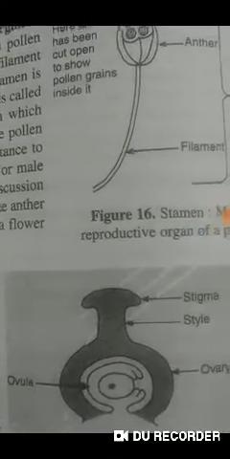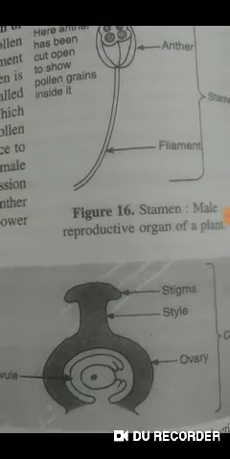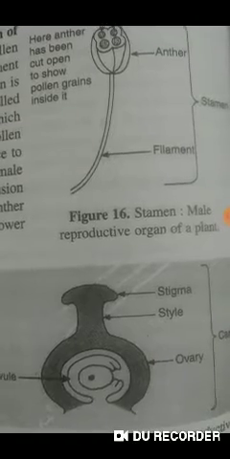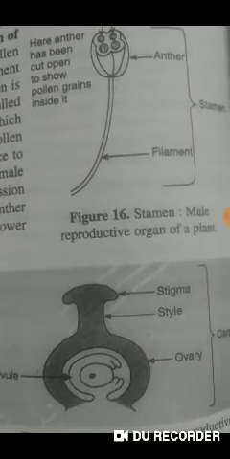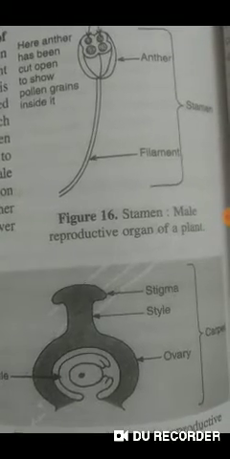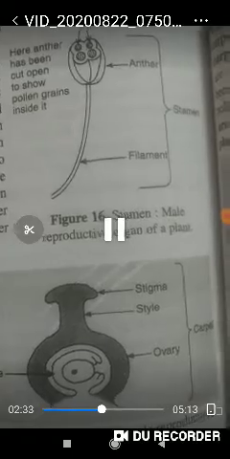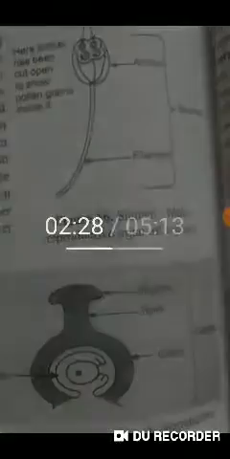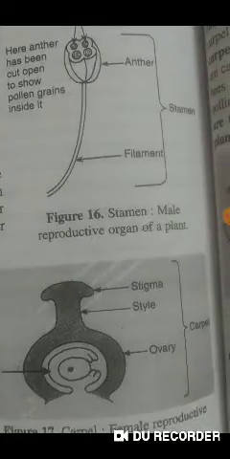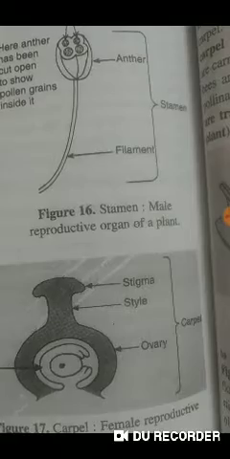But when the pollen grains from the anther of a flower on one plant are transferred to the stigma, that is the female part of a flower, on another similar plant, it is called cross-pollination. Insects help in cross-pollination.